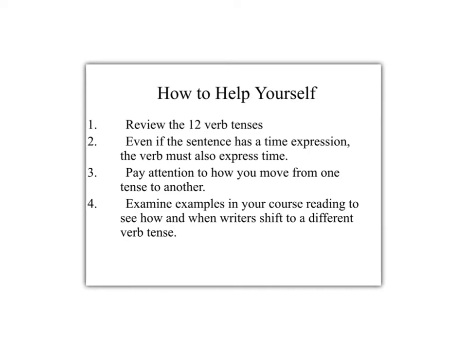So that is why problems in verb tense, problems with using the incorrect verb tense, or problems with a shifting verb tense are considered very serious mistakes in writing because they make it very difficult to understand what the author is trying to say.